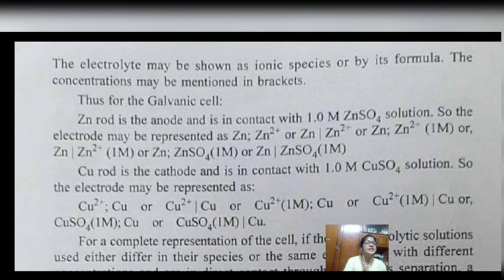So Cu2+ is getting reduced to form metallic copper, and that's what we write in the right hand side after the salt bridge. Cu2+, concentration of the solution aqueous 1 molar, so within bracket we write aqueous 1 molar, and then we put a vertical line, and then we write what it is converted to, that is copper solid. This is the representation of the galvanic cell.